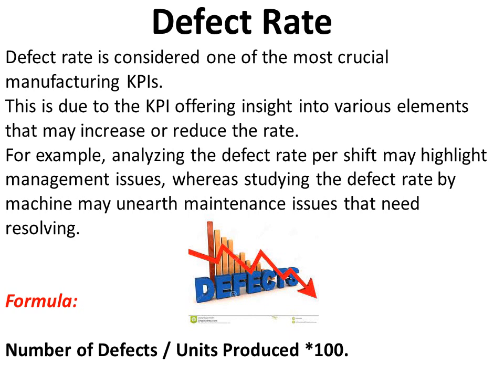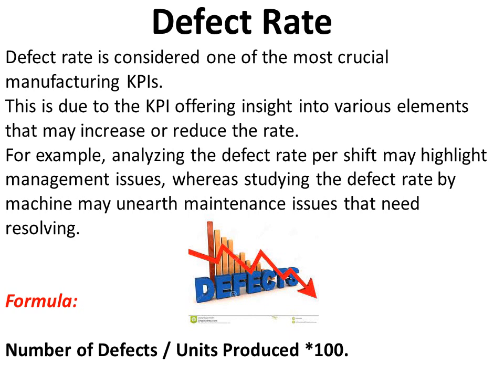It is due to the KPI offering insight into various elements that may increase or reduce the rate of defects. For example, analyzing the defect rate per shift may highlight management issues, whereas studying the defect rate by machine may find out that maybe there's a maintenance issue which needs to be resolved.